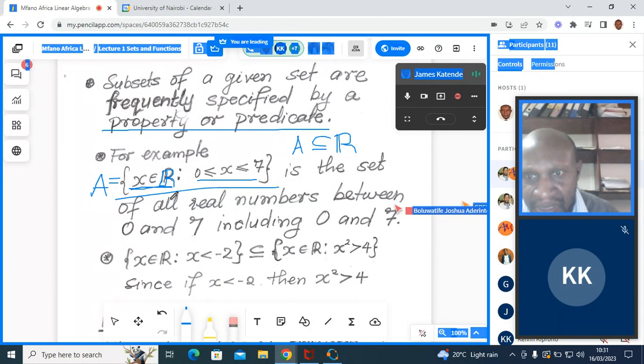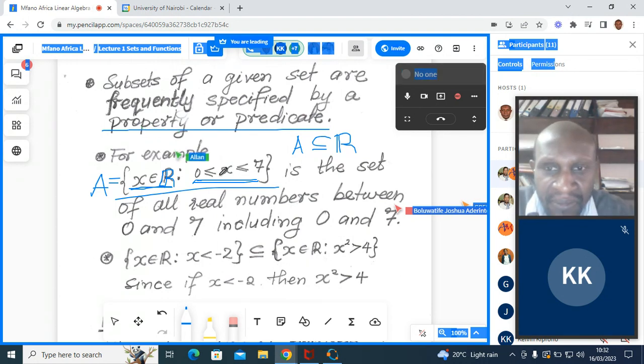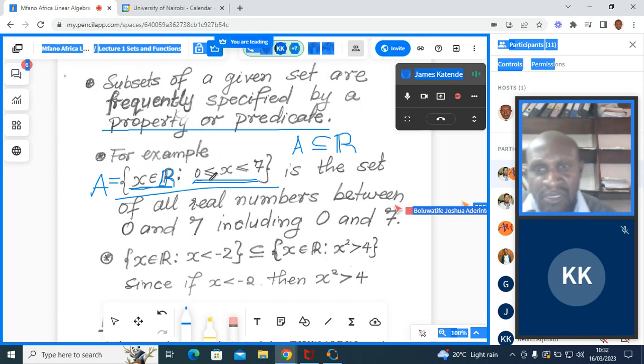Now sometimes all you can do is describe the property that the elements in a set satisfy, and that completely describes your set, because the elements may be too many to write down or list.